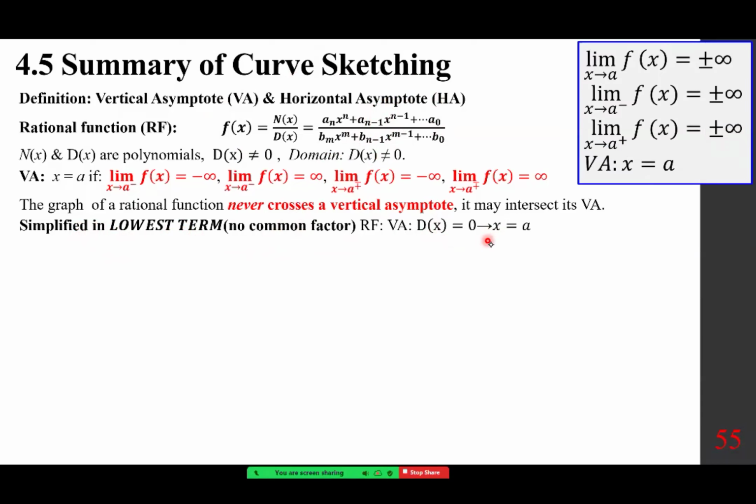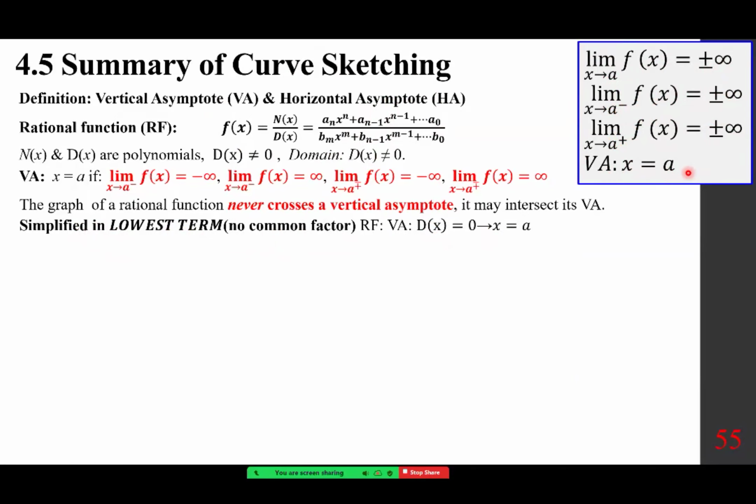This is a faster way to find it. If the limit of f of x as x approaches a from the left or from the right is positive or negative infinity, then x equals a is the vertical asymptote. This is the formal definition of a vertical asymptote.